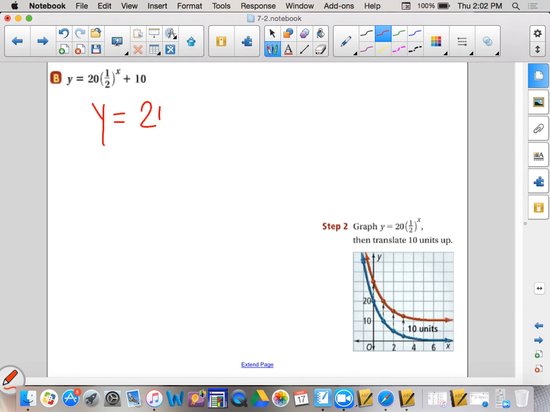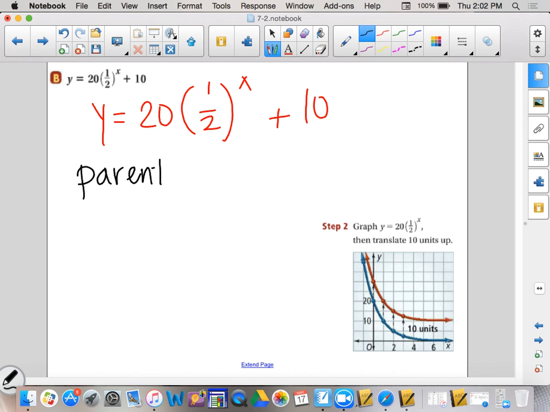y equals 20 times a half raised to the x plus 10. What's my parent function here? This would be a, this would be b, this would be x, and that would be my plus k back there. So my parent function is a half to the x. What all do I have to do to my graph to transform it into y equals 20 times a half raised to the x plus 10? Describe it in words, starting from the left and going to the right.